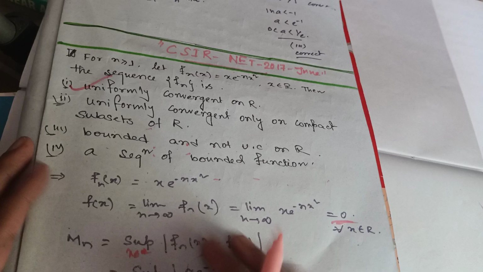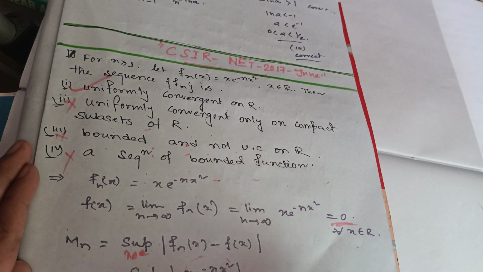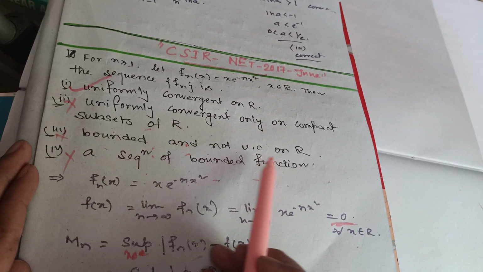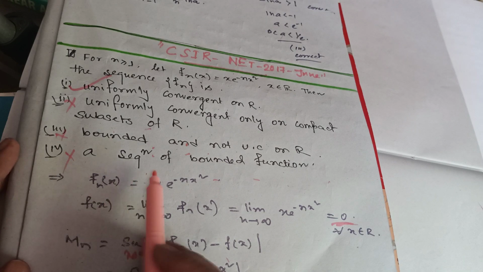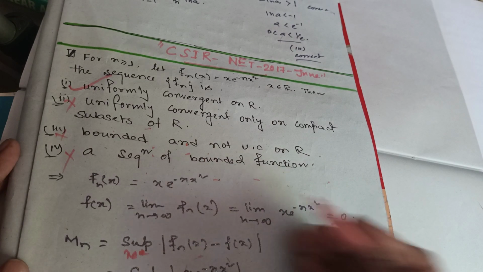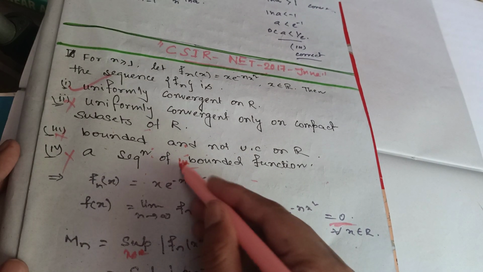So it is uniformly convergent, so the other options are incorrect. It says that f is a bounded function and the sequence is a sequence of, here option 4 means unbounded functions, so this is incorrect.